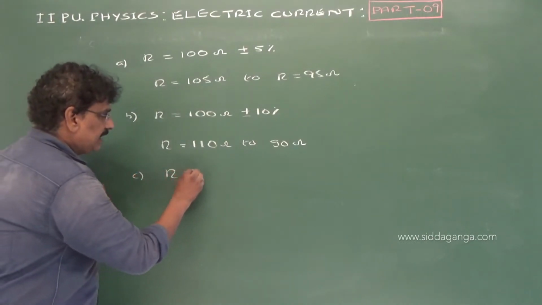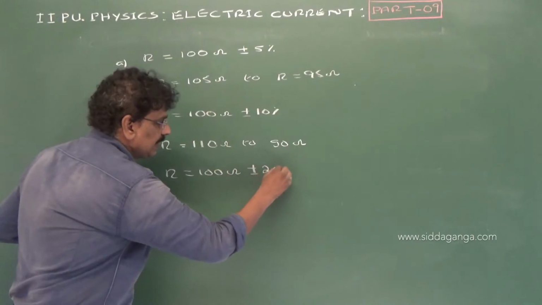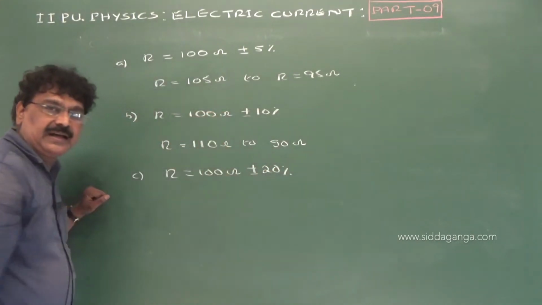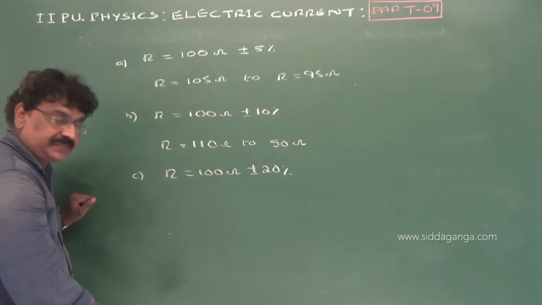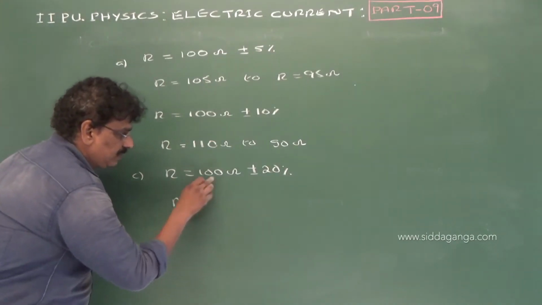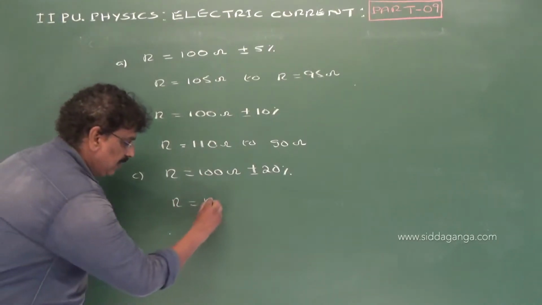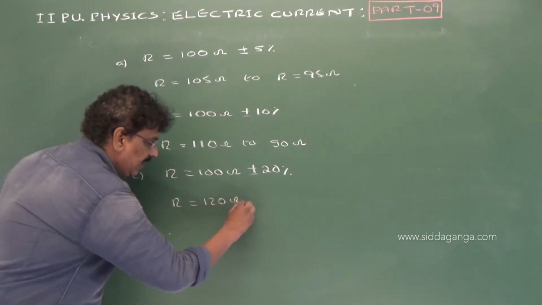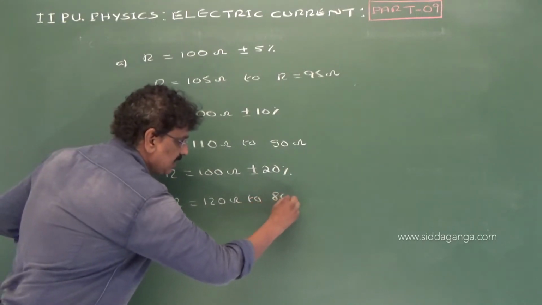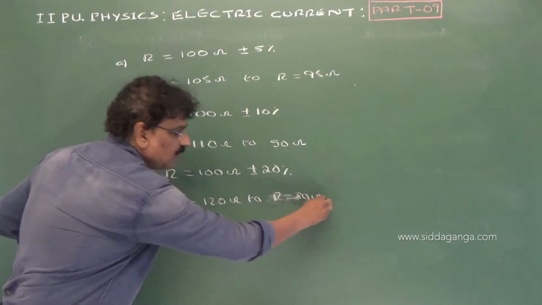Suppose we have R is equal to 100 ohm plus or minus 20%. Then here the resistance can deviate by 20% of this, so 120 ohm, to minus 20, R is equal to 80 ohm, right.